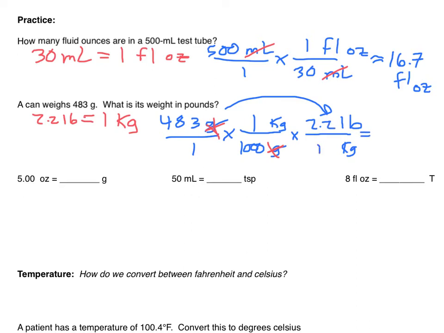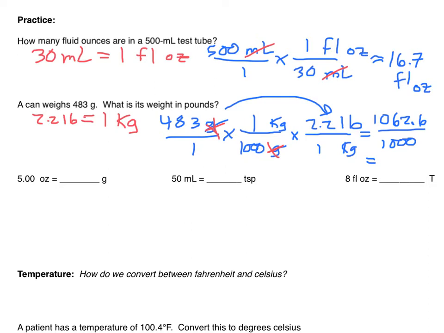So up top, if you were to multiply the numerators, you would have 483 times 2.2. That's approximately 1,062.6. And in the denominator, you'll have 1 times 1,000 times 1, that's just 1,000. So if you were to divide those, since we're dividing by 1,000, we can just move the decimal point, or you can put it in your calculator.